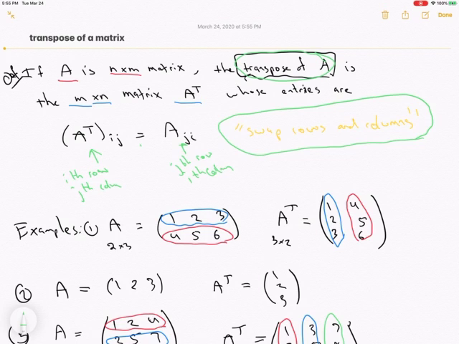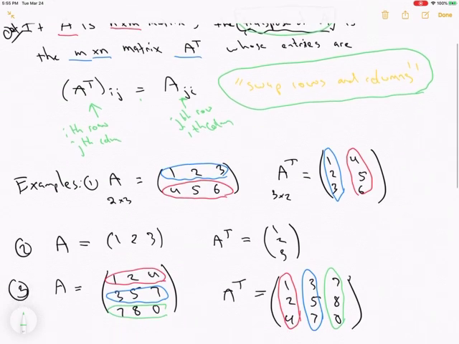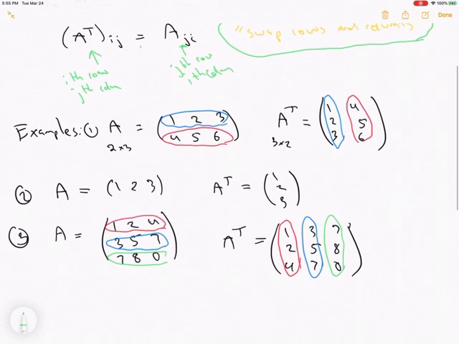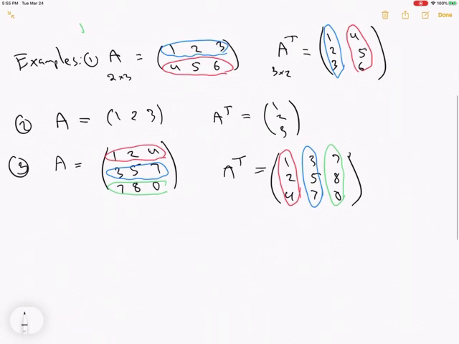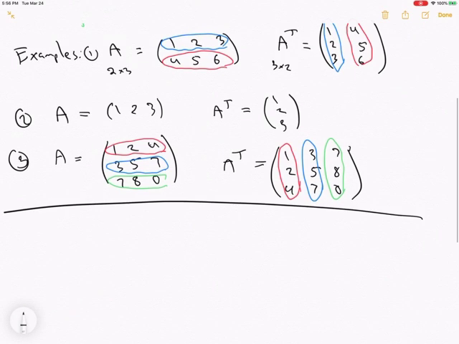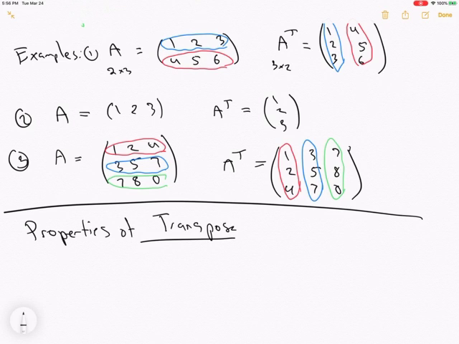If it's a 3 by 2 matrix, then the transpose becomes a 2 by 3 matrix. The rows and the columns swap, and so the dimension of the matrix swaps as well. Now, I'll give you a few properties of the transpose.